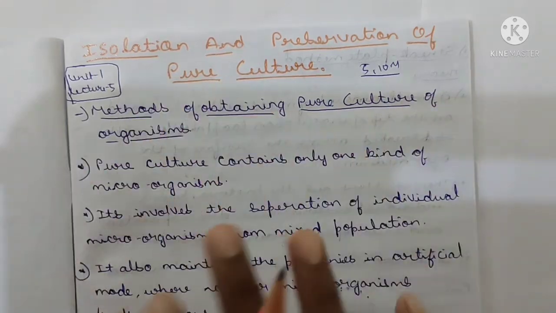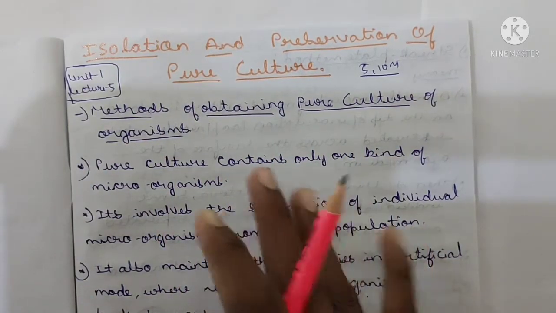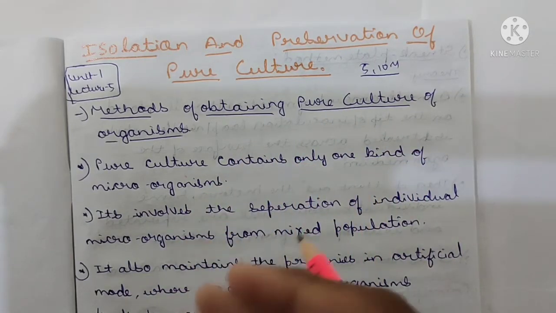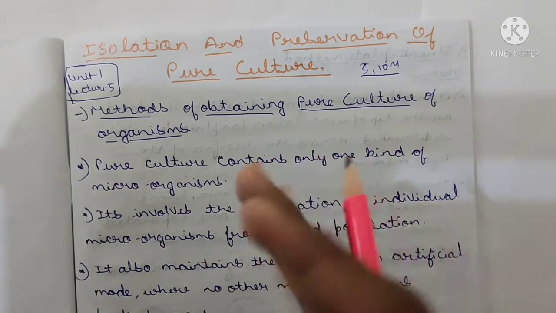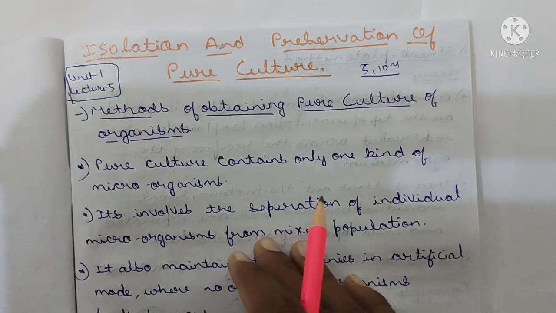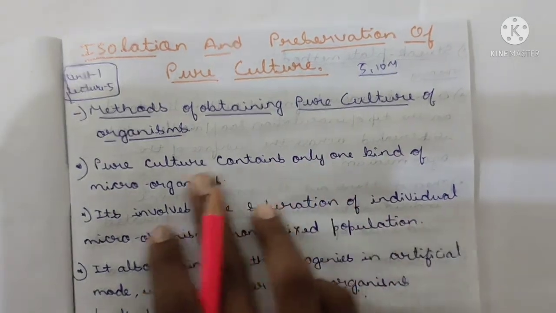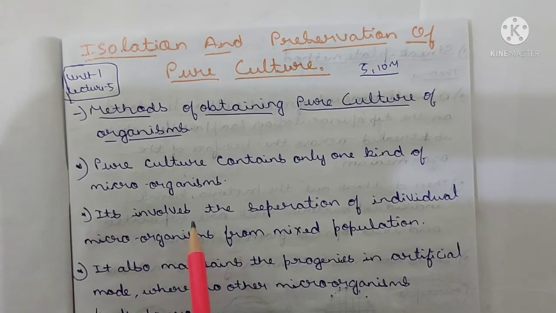Here the term preservation of the pure culture means increasing their life span, their metabolic rate. Increasing the life span or metabolic rate is nothing but preservation. Got it? And the first topic is methods of obtaining a pure culture of an organism.